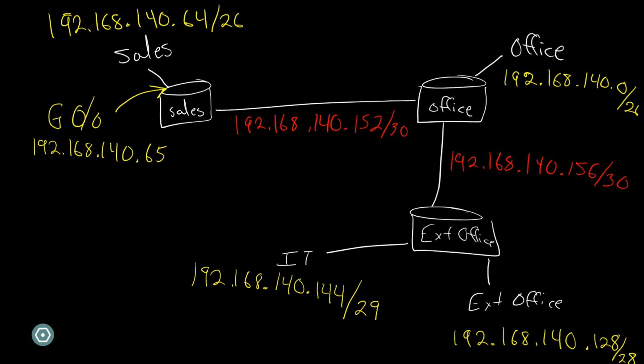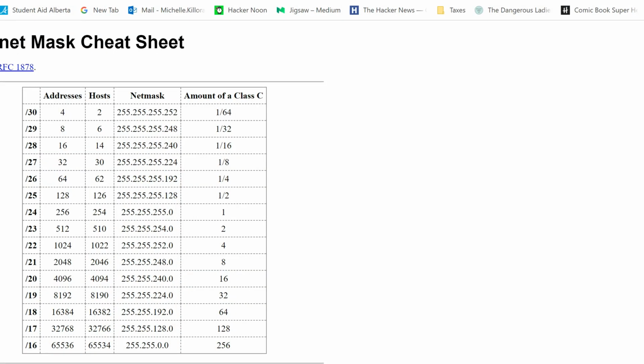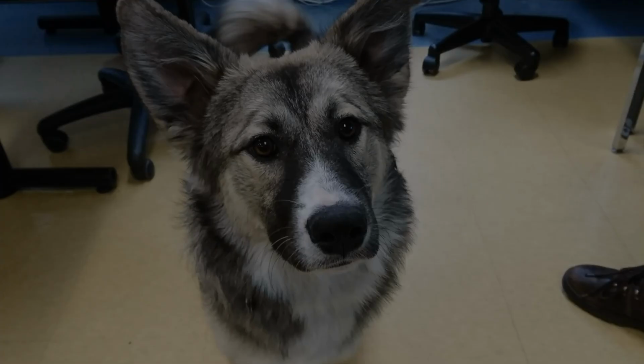And because it's a /26 network, we're going to need the subnet mask that aligns with /26, which is 255.255.255.192. For subnet masks, you can also look at that cheat sheet. It has all the subnet masks right on it, so that's pretty useful.